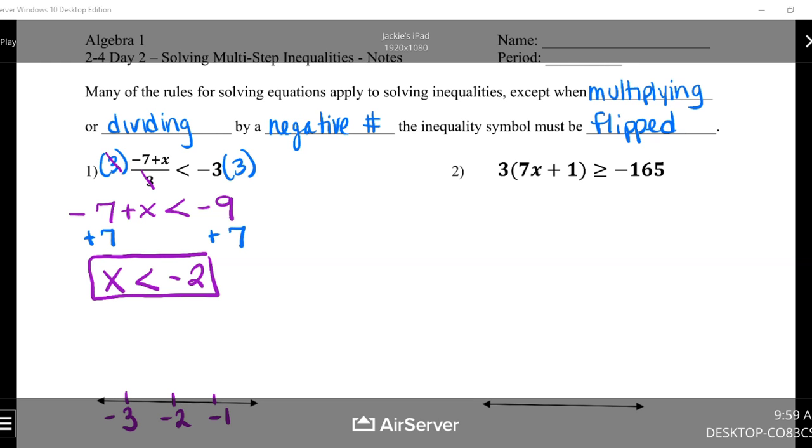Make sure your number line is increasing, meaning going from smallest to largest. It's going to be open at -2 and shaded to the left because it's less than.